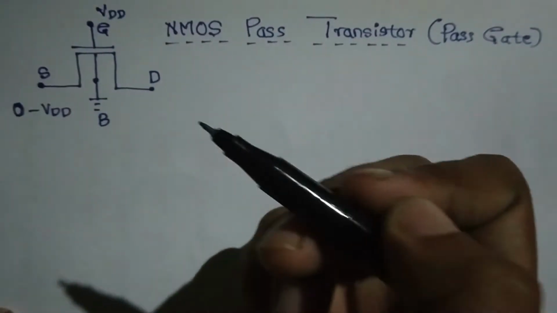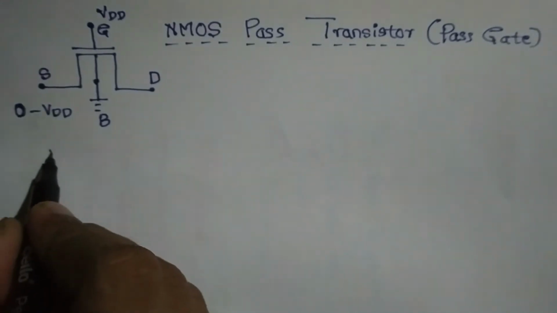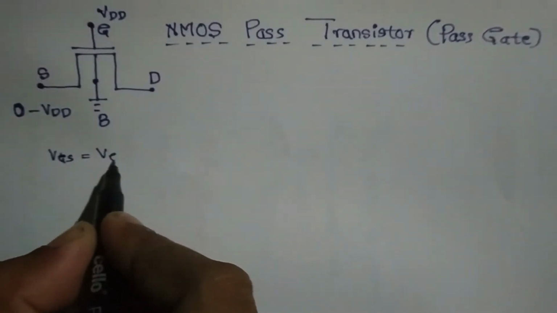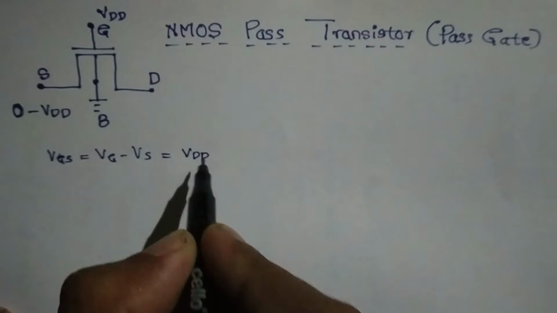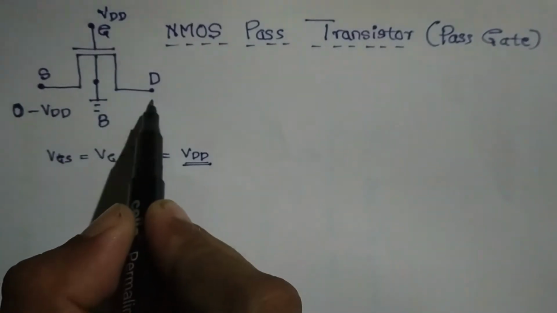So when the source voltage is 0, what is my VGS? VGS is VG minus VS, which is VDD minus 0, so it is VDD. So my MOSFET is turned on, and it will transfer 0 to 0 here.